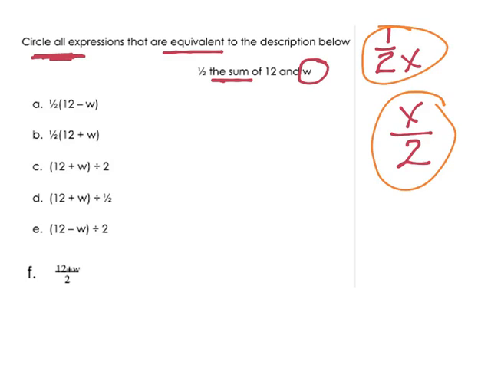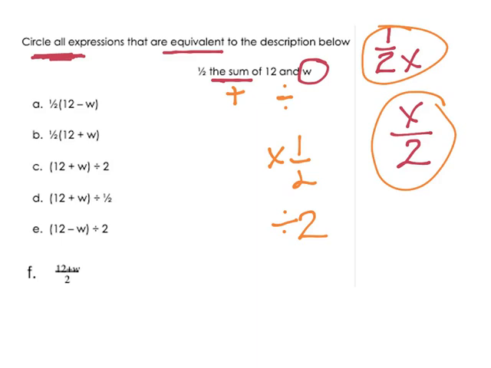So the first thing I'm going to do is eliminate any that are absolutely wrong right off the bat. I know that I'm going to be looking for addition, and I know I'm going to be looking for division. Okay, so the sum of 12 and W, and we're finding half of it. So you could be multiplying by 1/2, or you could be dividing by 2.